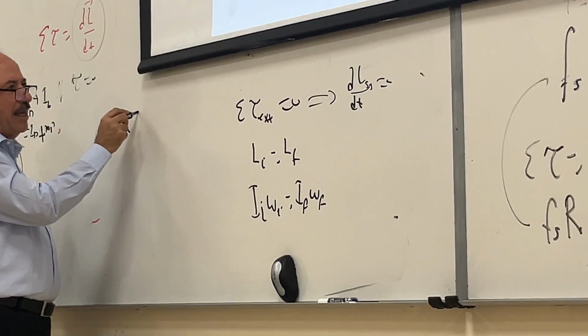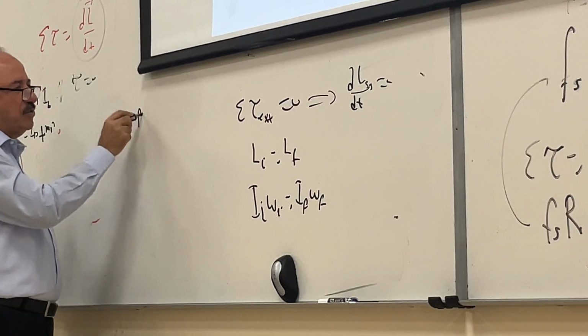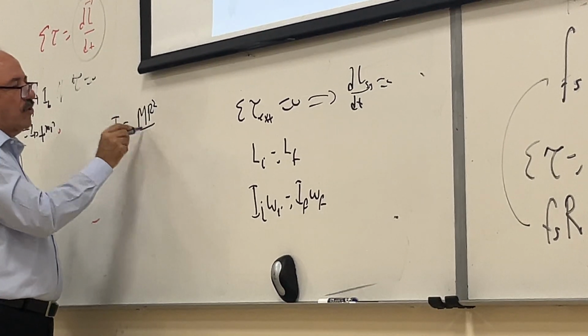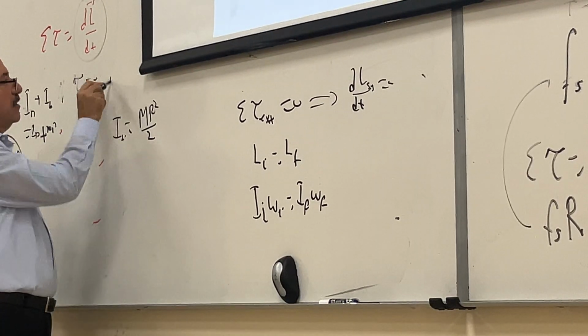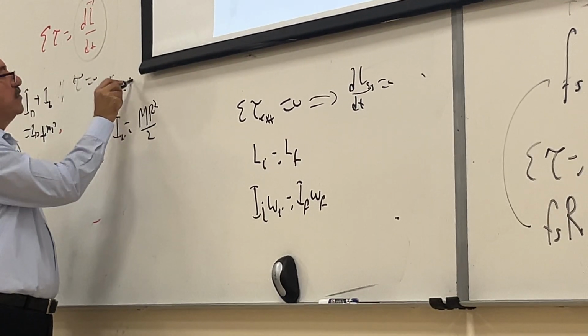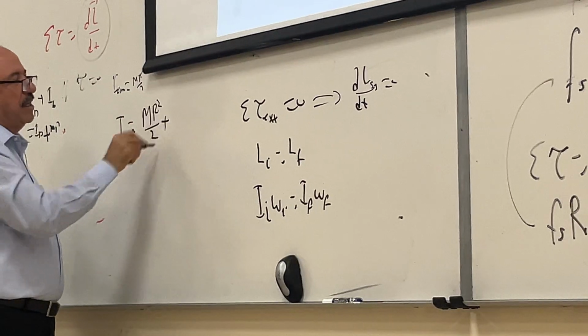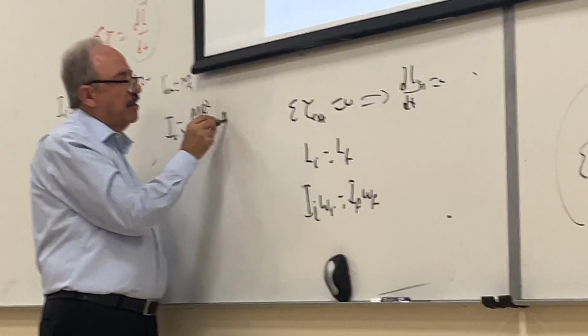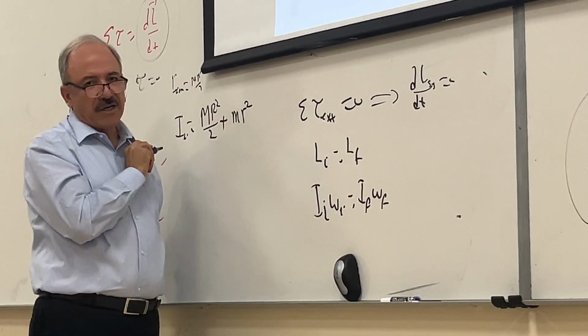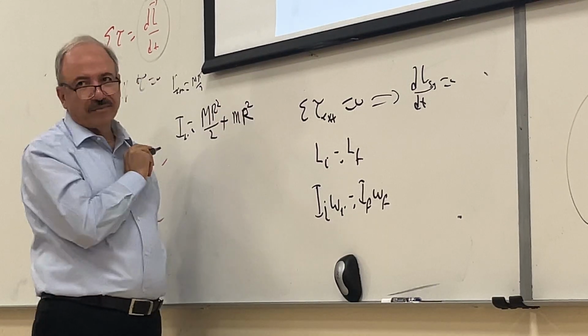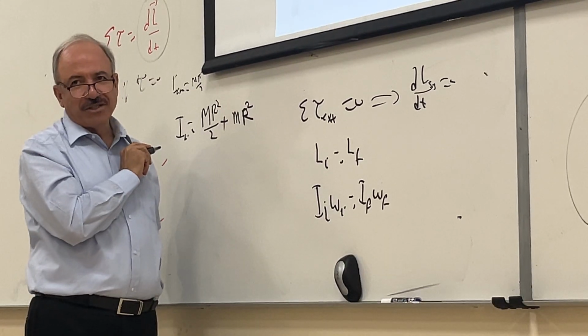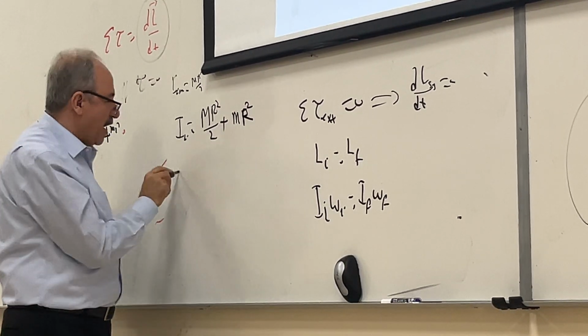I for the disk about the center of mass is m r squared over 2. Plus I for Abdelaziz, which is m r squared. R is the same, since he was at the edge. What's I final?